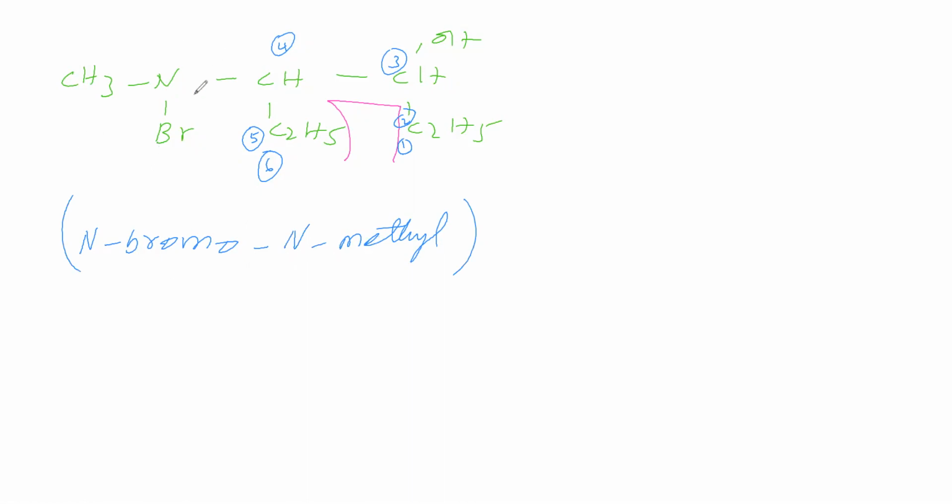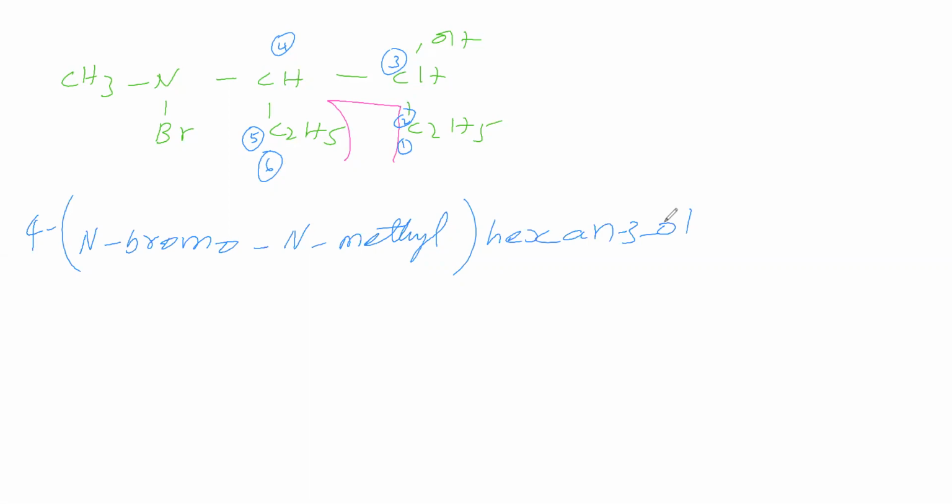This substituent is attached to the parent chain at the fourth carbon, therefore 4. Next, the parent chain contains 6 carbon atoms, therefore hex, carbon-carbon single bond, therefore an. This OH group is called ol. This ol is present at the third carbon. So we can say the name of this compound is so and so.